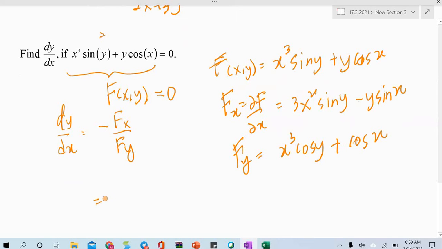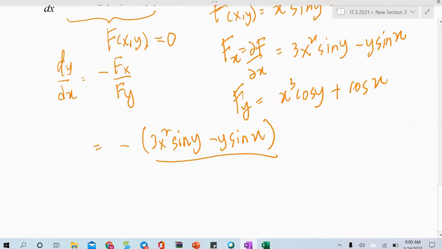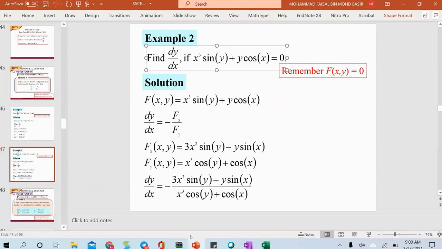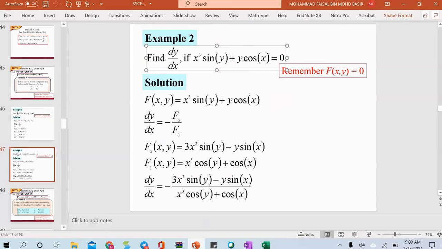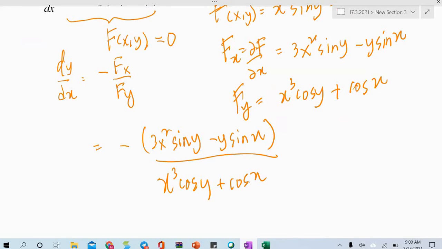Substitute only, it's easy. Sometimes you don't need to simplify. Remember to put the bracket.